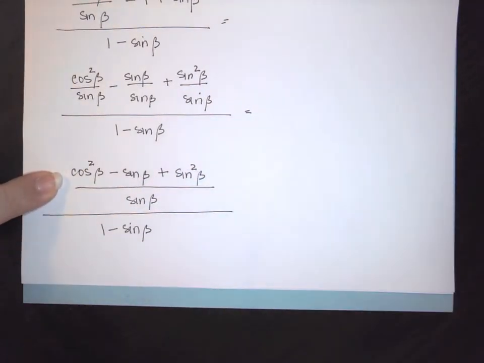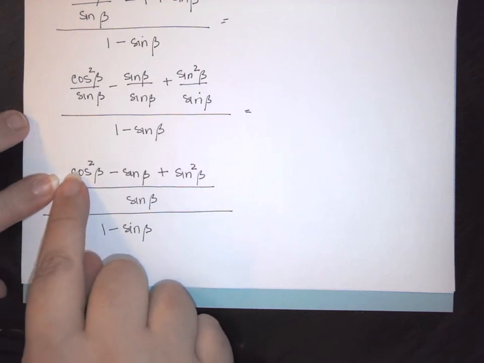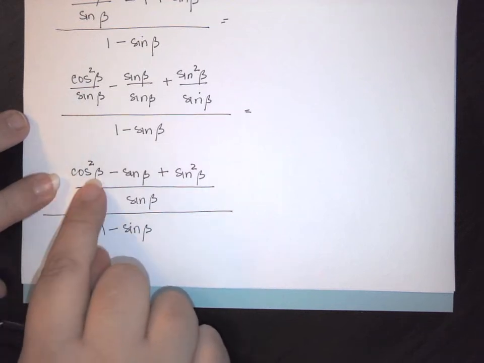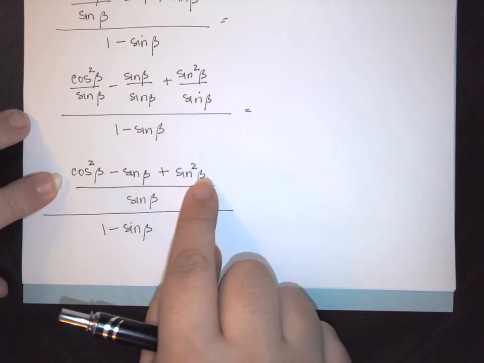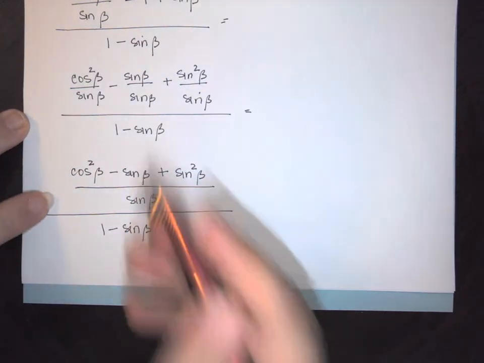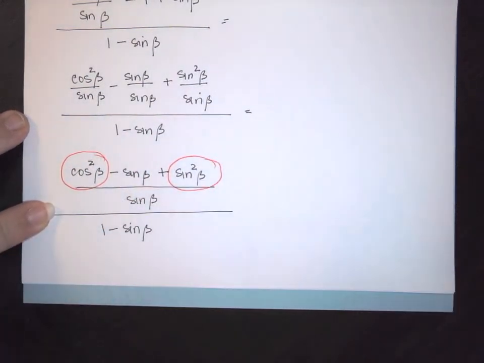If you look at the top, notice I actually have cosine squared of beta plus sine squared of beta. Well, this combined with this part here is actually Pythagorean's identity, which is 1.